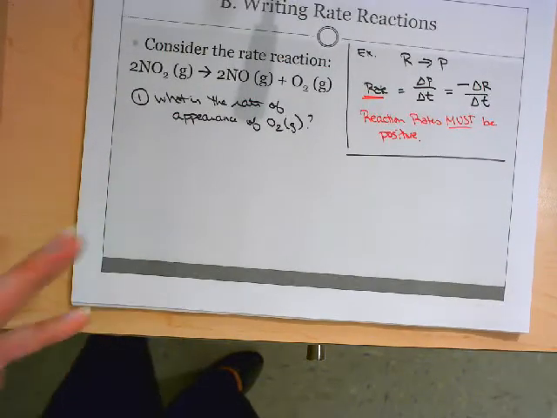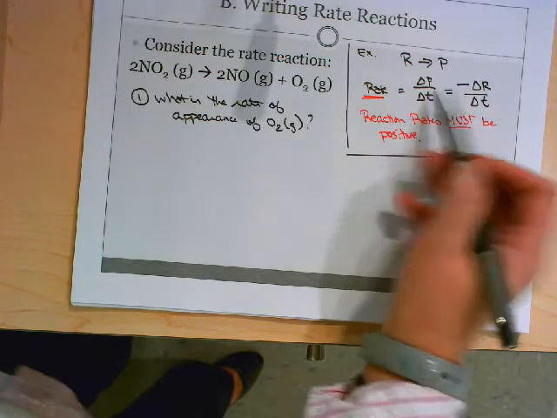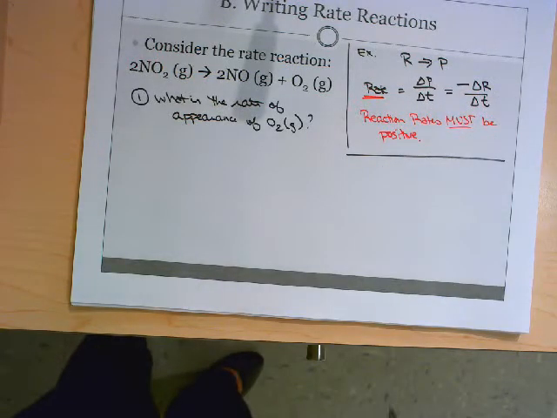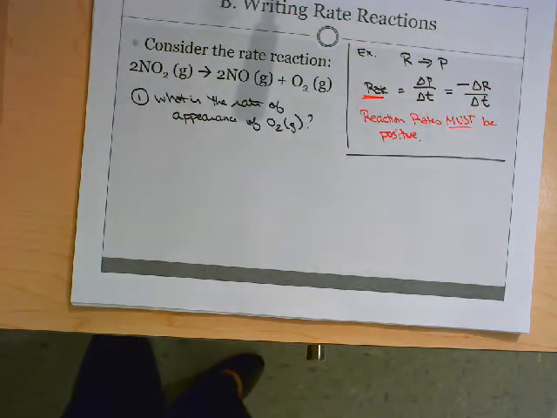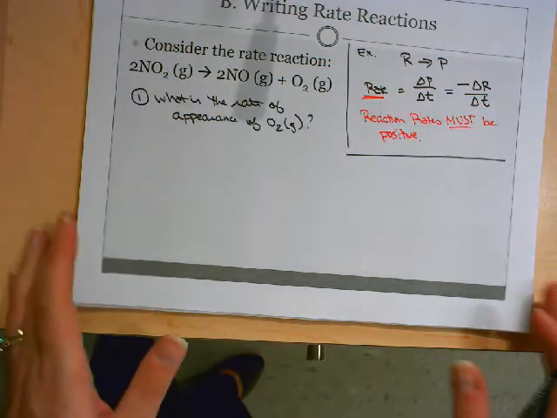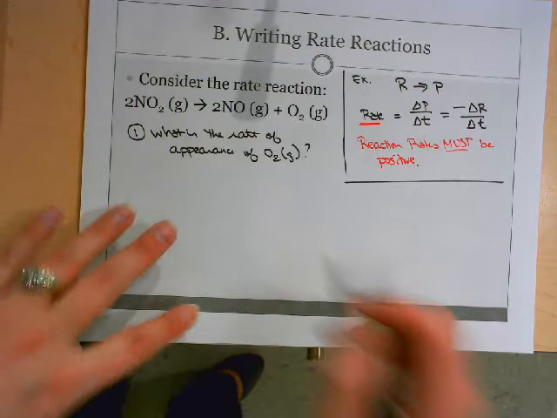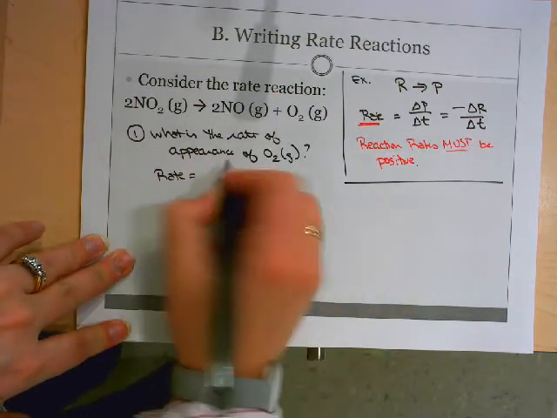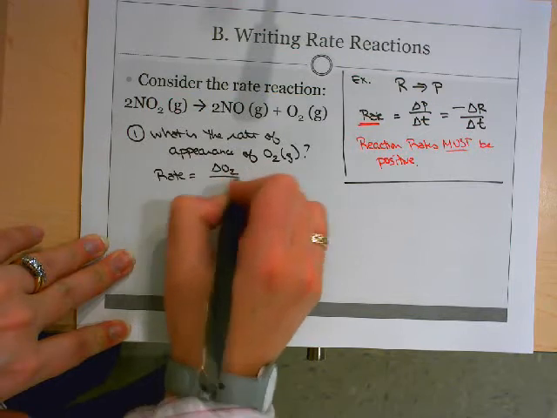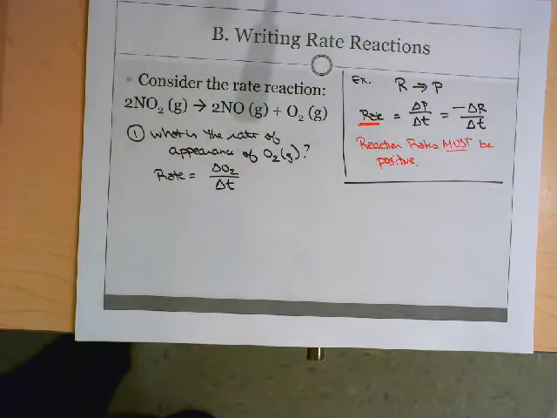Is it going to be more like P or more like R? Is oxygen the product or the reactant? The product, right? So I should say rate is a positive value, right? Because the product, so it should be appearing.